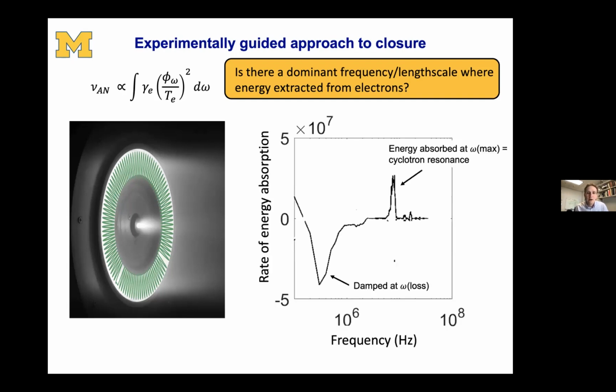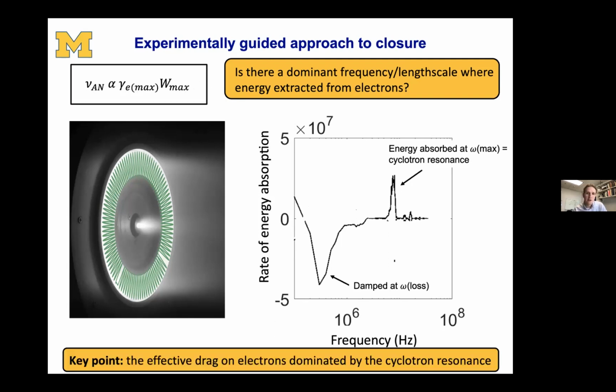wave number. So indeed, if we actually look at the rate of energy absorption of the waves from the background plasma, we see that there's actually just one dominant length scale where that occurs. And that dominant length scale is commensurate with the first harmonic of the cyclotron frequency. So this is a key indication that we can simplify this integral quite substantially by only taking into account the contributions for energy exchange at that length scale.